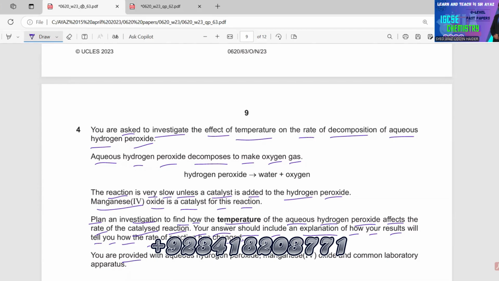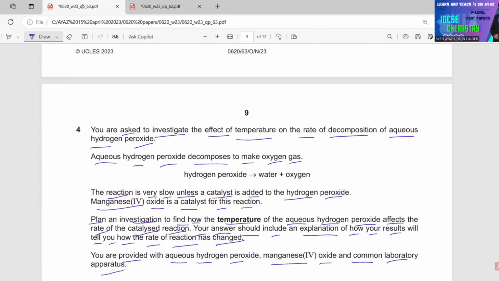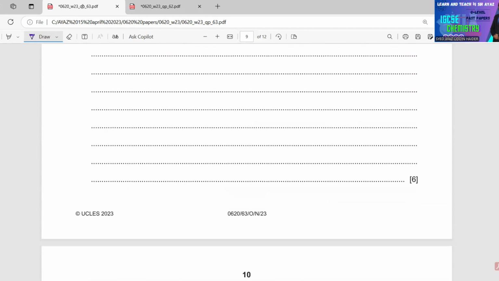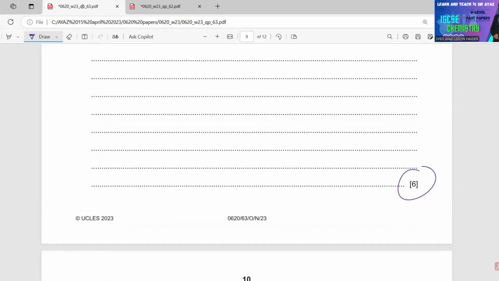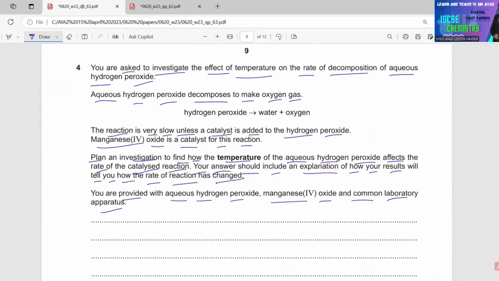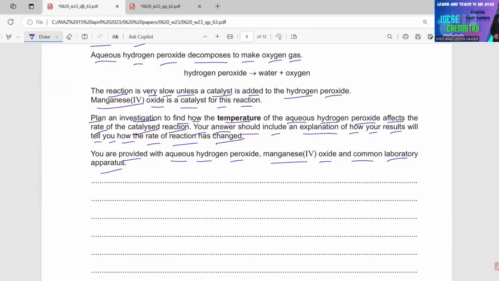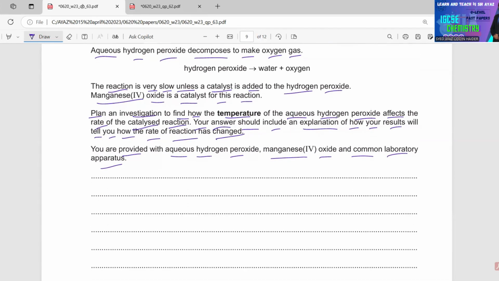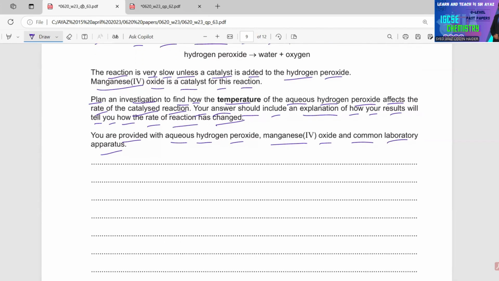You are provided with aqueous hydrogen peroxide, manganese oxide, and common laboratory apparatus. Now let's see the marks for this question. The marks for this question is 6, and they didn't ask you to draw any diagram. So no need to draw a diagram in this question. So this investigation question, you can write any 6 from these.